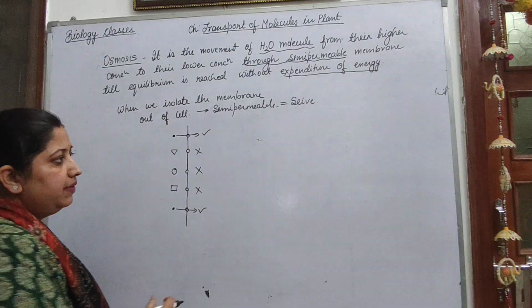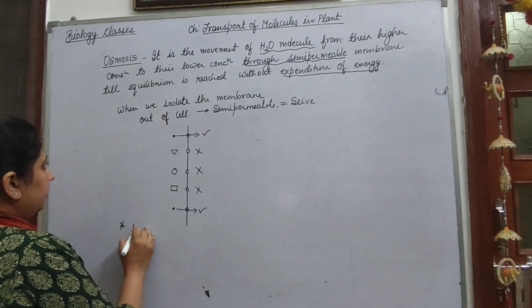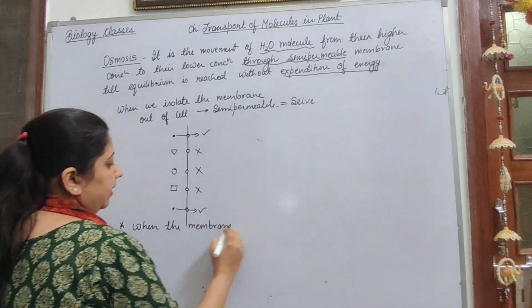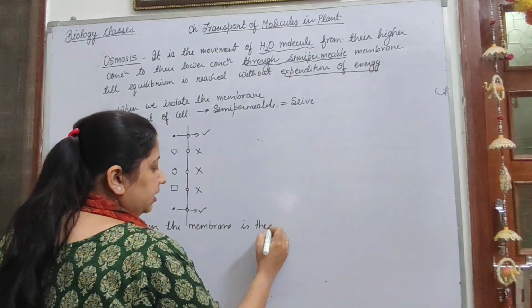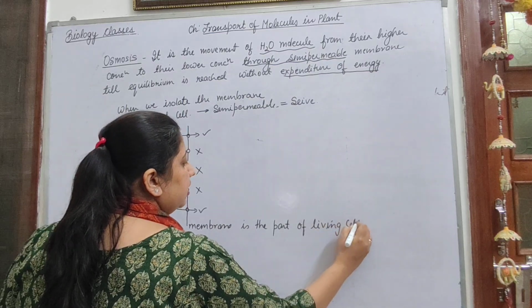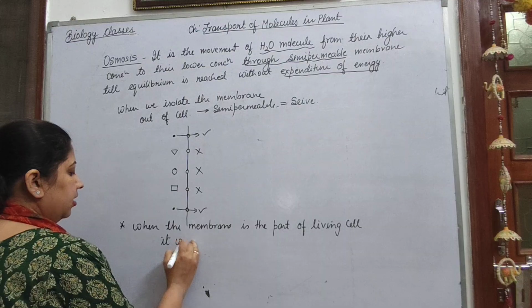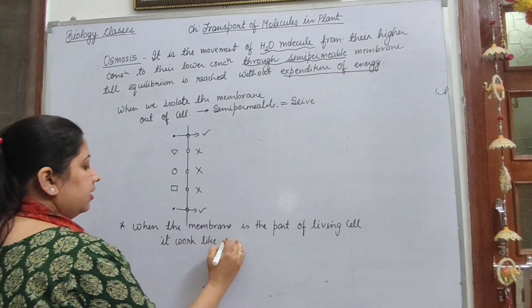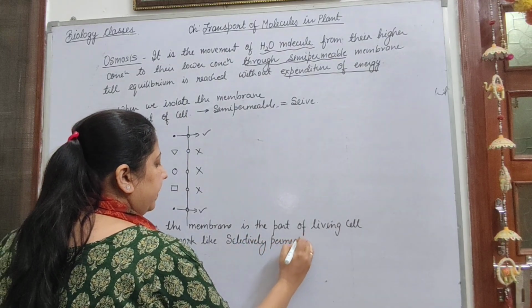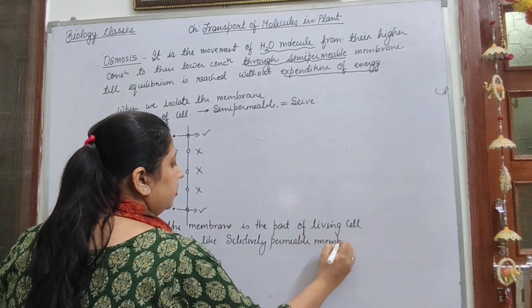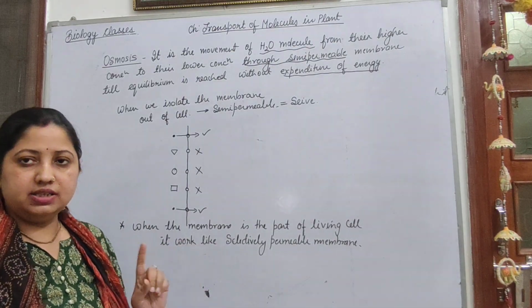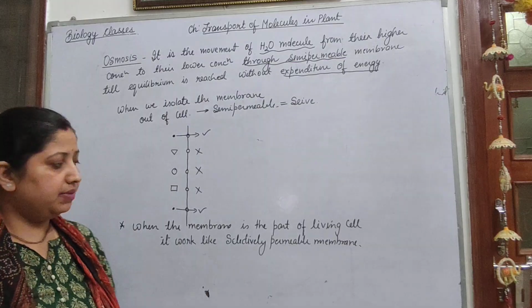But in the second condition, when the membrane is part of a living cell, then it works like a selectively permeable membrane. So when a membrane is part of a living cell, how does it behave? It behaves like a selectively permeable membrane.